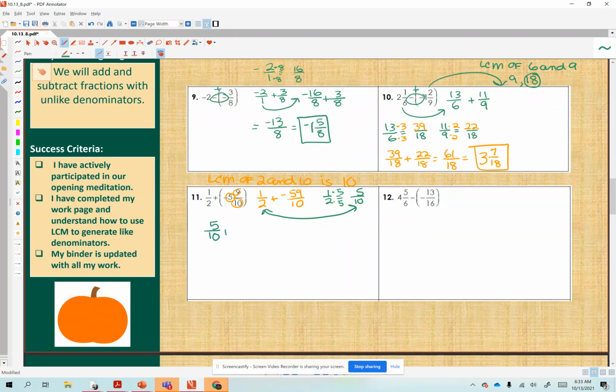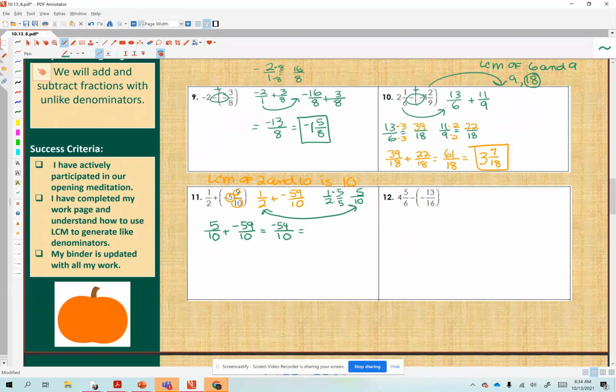So 5/10 plus a -59/10. Remember your integers here. So 5 minus 59 is a -54. And let's convert that to a mixed number.